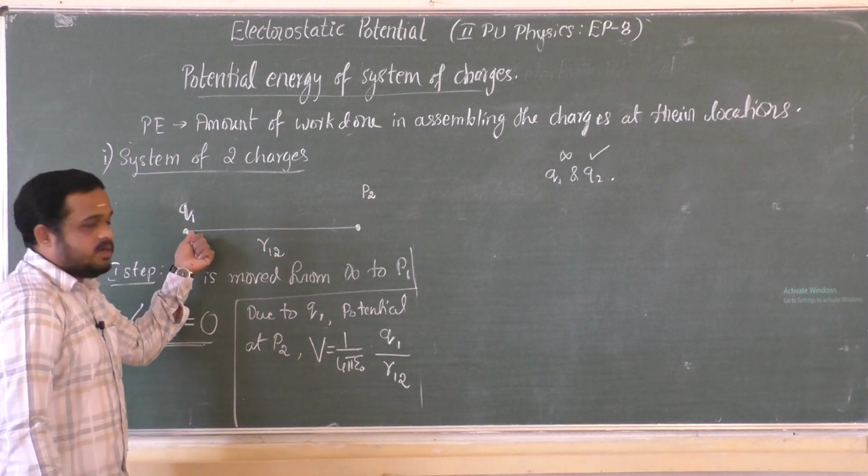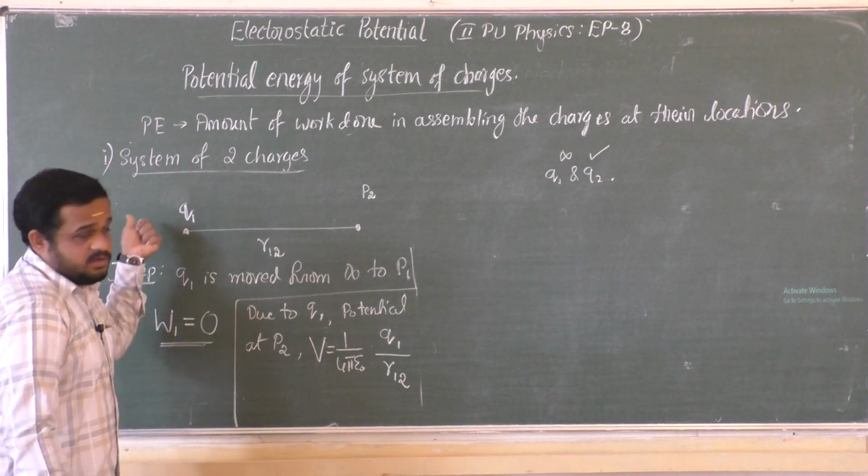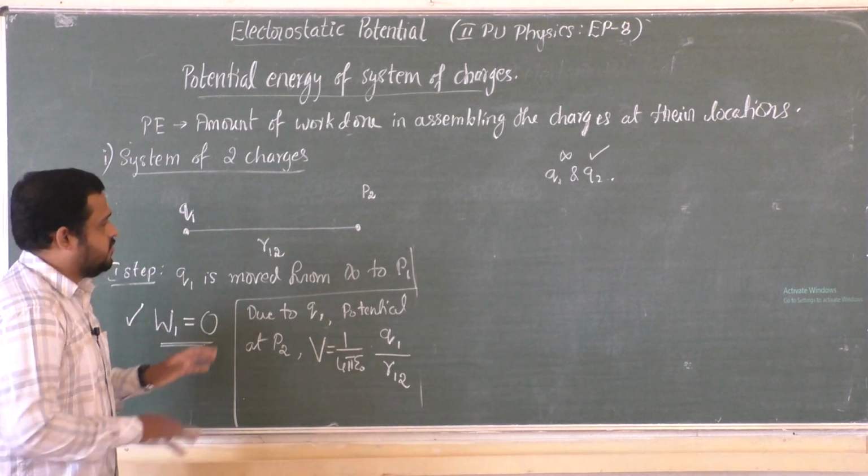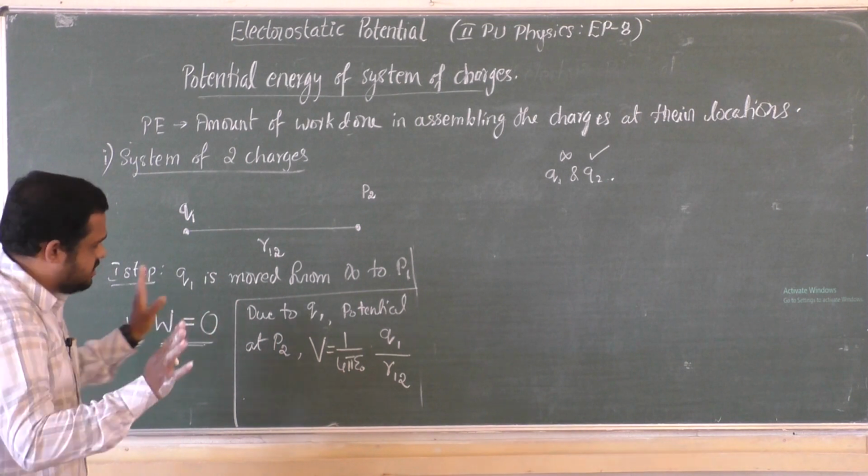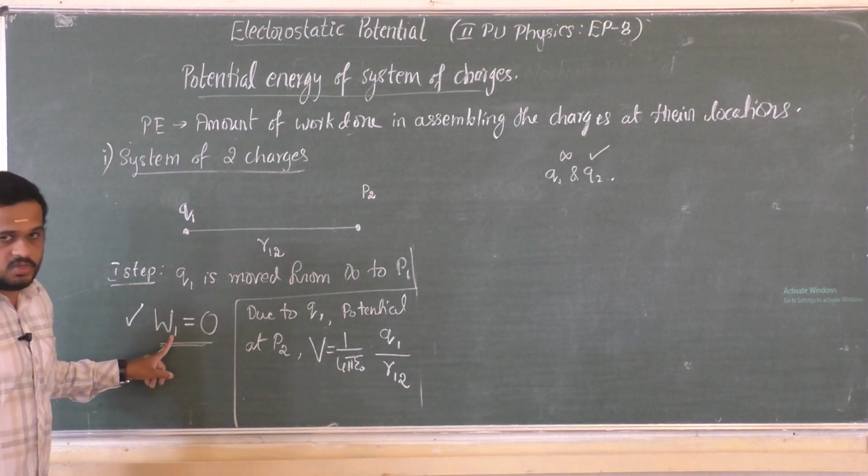While shifting Q1 in this region, there was no other charge, therefore no potential, no electric field, no work done, no external force, everything is 0, therefore work done is 0.